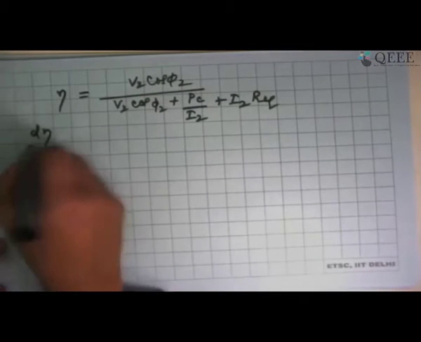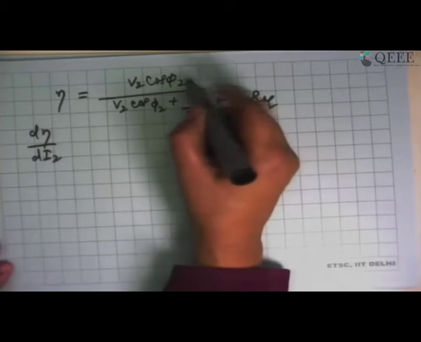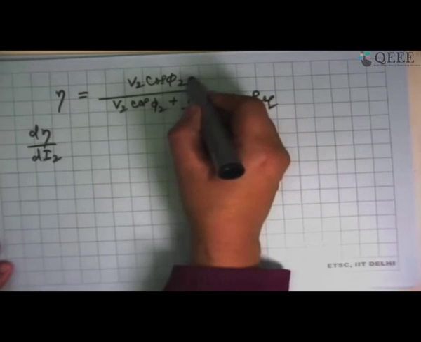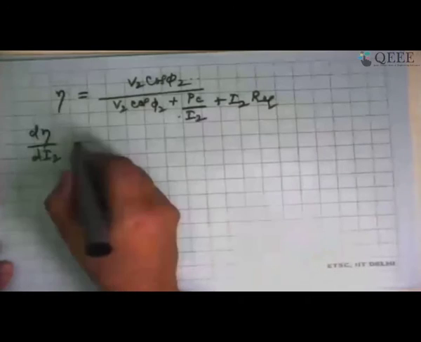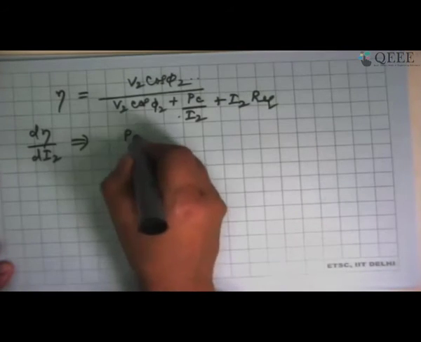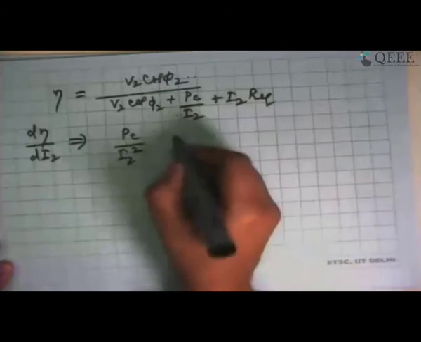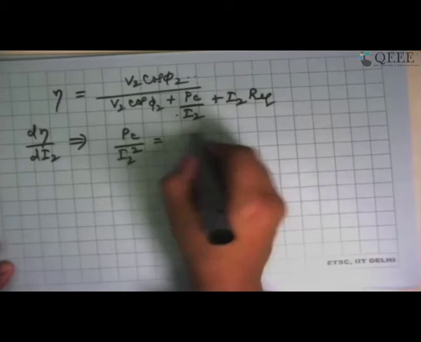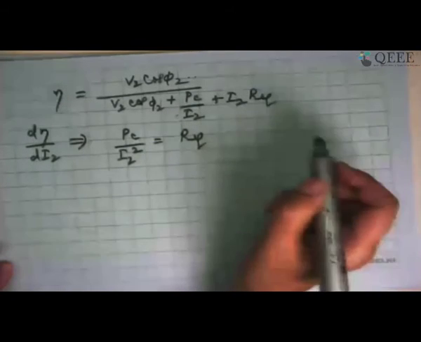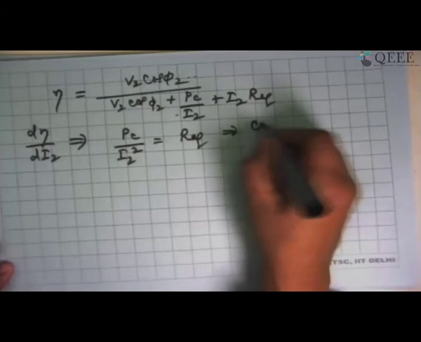So d eta by dI2 will yield, I am not going to have any factor involving I2 on the top, only at the bottom I have the factor involving I2. So differentiating, this is I2 power minus 1, so I will have PC divided by I2 square equal to R equivalent. This is the condition corresponding to maximum efficiency.